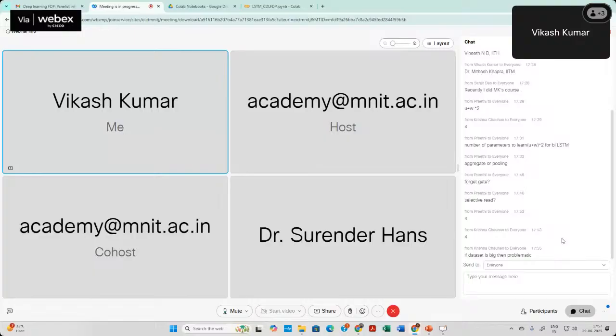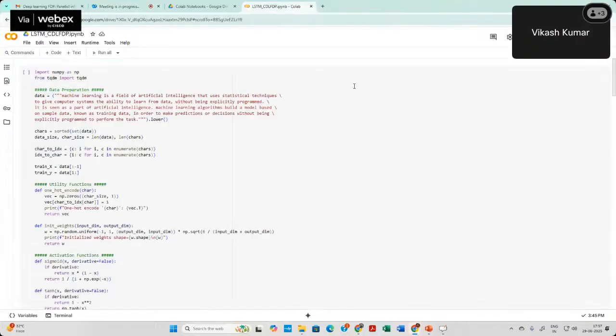Just have a look at this simple example. I have taken one example where there is a paragraph, and in that paragraph there are line feeds, meaning new lines. Now we need to map it onto some words.